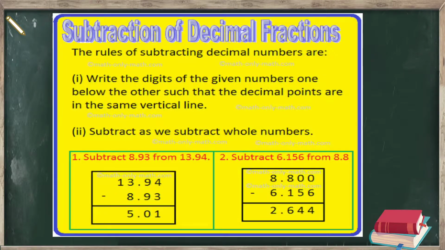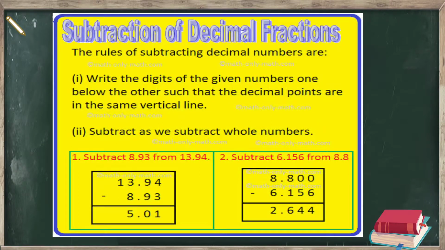And 7 minus 1, 6. And 8 minus 6, 2. So the final answer is 2.644. You should always keep in mind that you have to add a 0 if the other number has digits after the decimal.